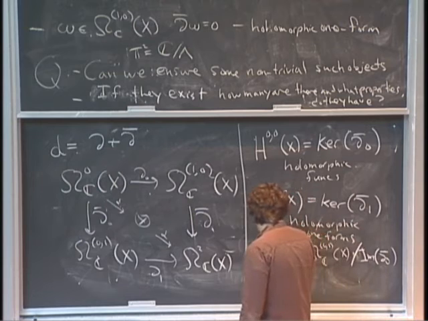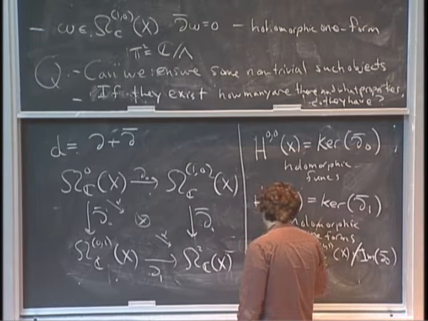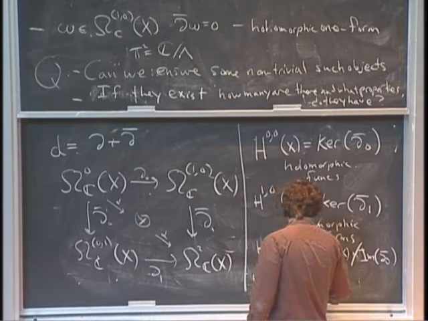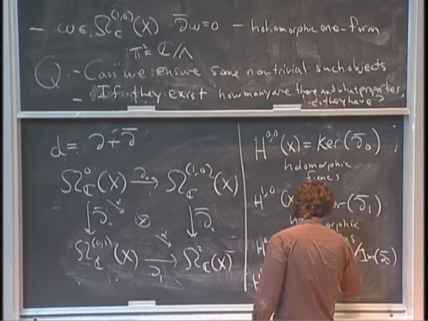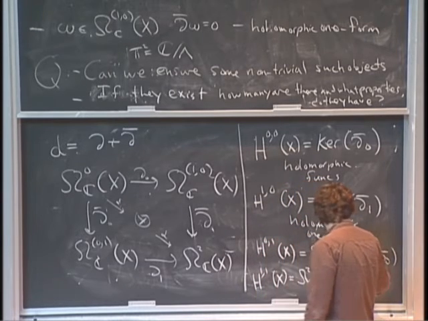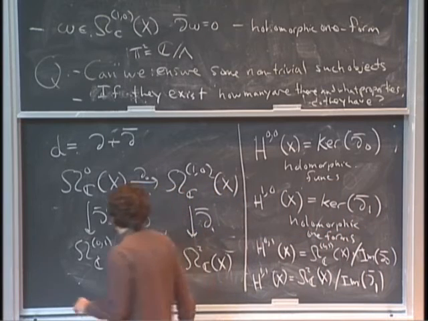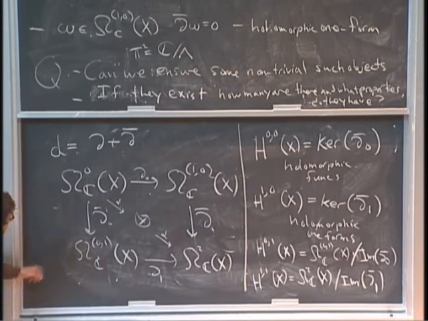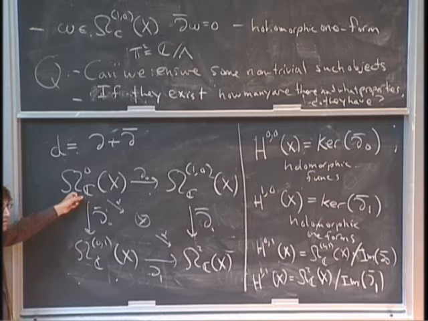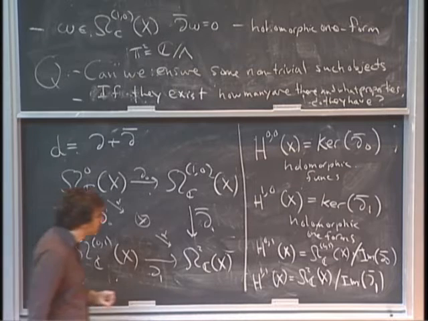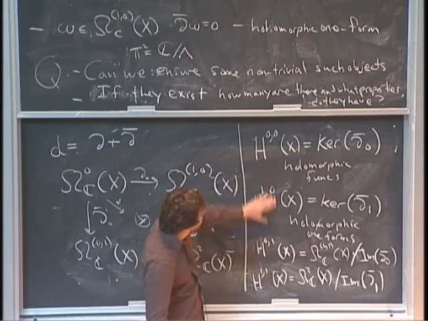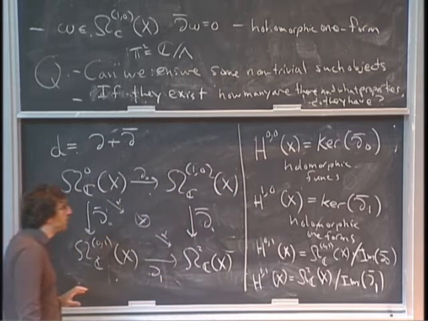And similarly, we let H^{1,1} of X be the space of complex valued 2-forms mod the image of del bar. So here we're wondering, to what extent can we write a 0,1 form as the del bar of a complex valued function. But we don't have names for these in the same way we have names here.